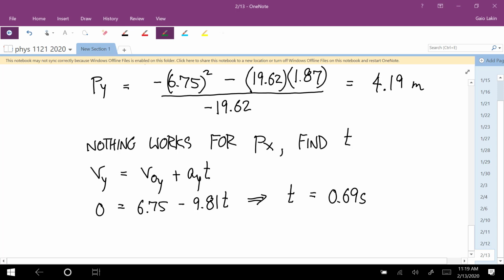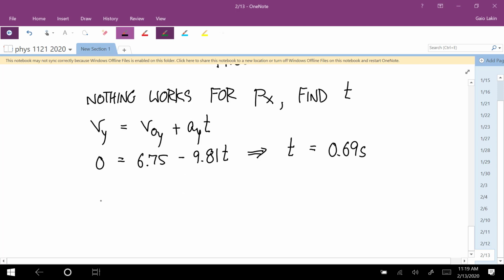And now that we know that, we can use the x position equation. So px is equal to p0x plus v0x times t plus 1/2 ax t squared.